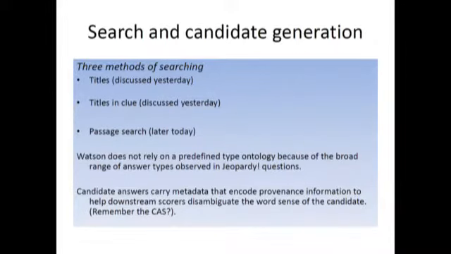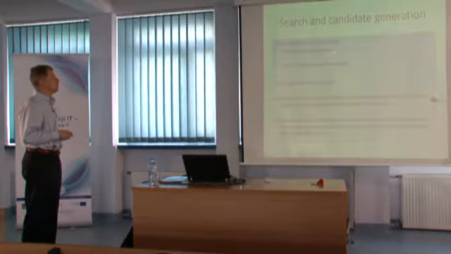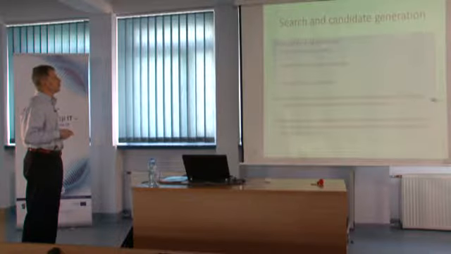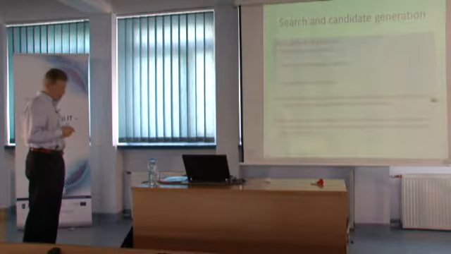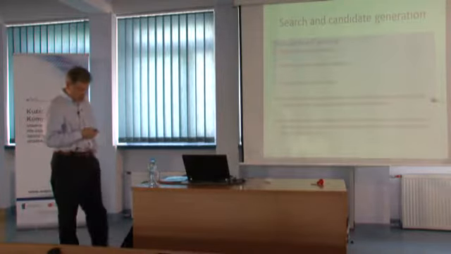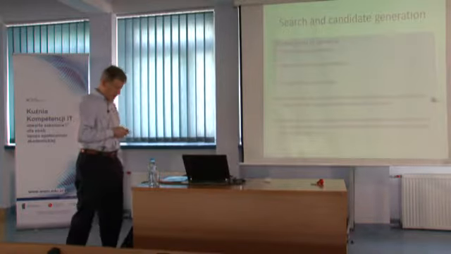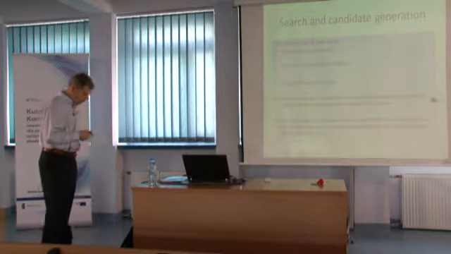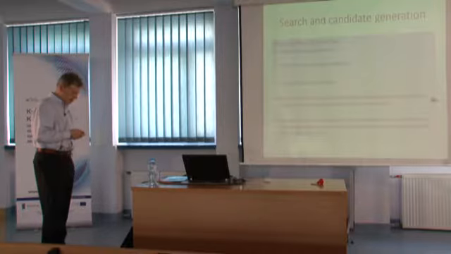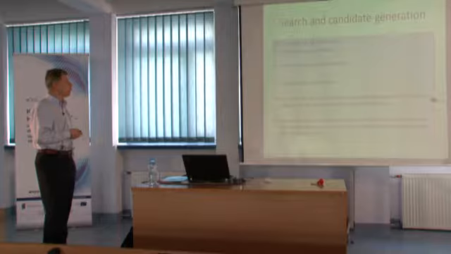So we have three methods of searching, okay? So we search for candidate answers by finding a document that contains the terms of the query and using the title of this document as a possible candidate answer.